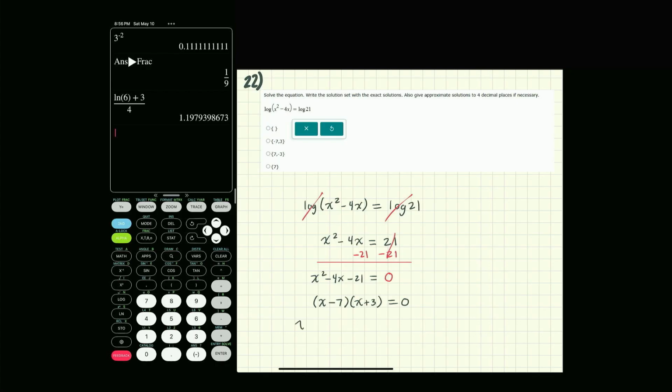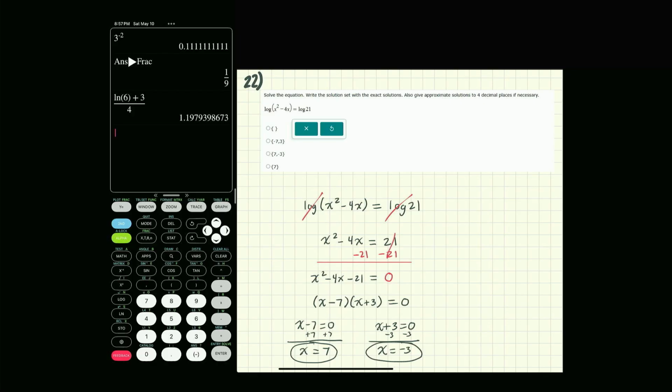Setting each of those equal to 0. And solving. I'm getting x equals 7 and x equals negative 3.